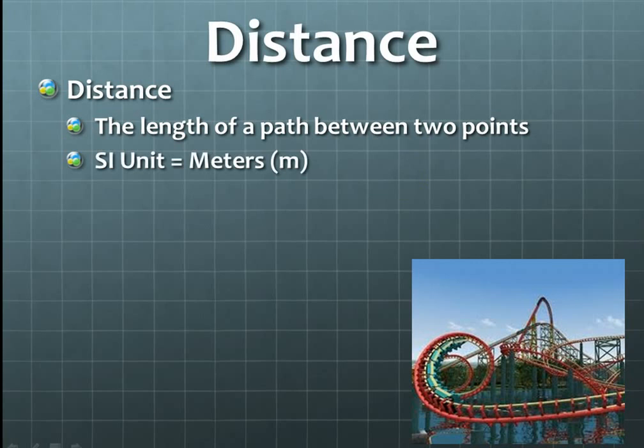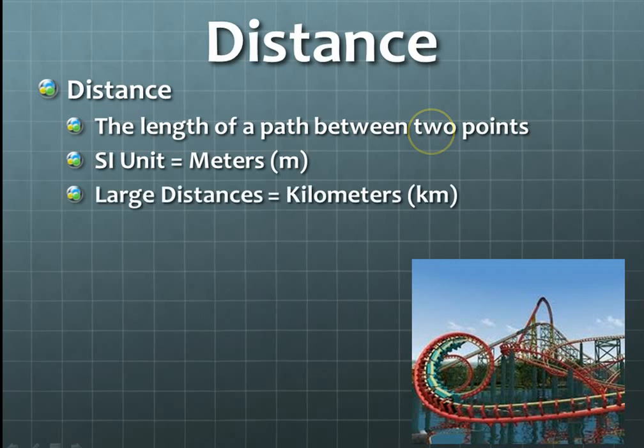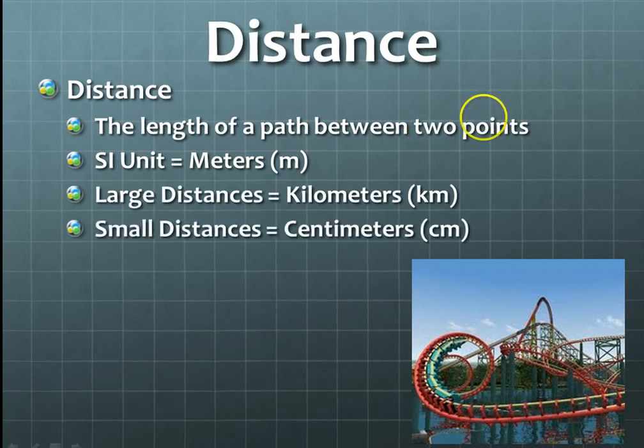We usually measure length in meters in the metric system, or the SI unit, and if you're measuring really long distances, you would use kilometers. Small distances, you would use centimeters. Super small, millimeters, right? Remember that 1,000 meters equals a kilometer, and 1 meter is equal to 100 centimeters. If you need to do any other conversions, just remember your King Henry.